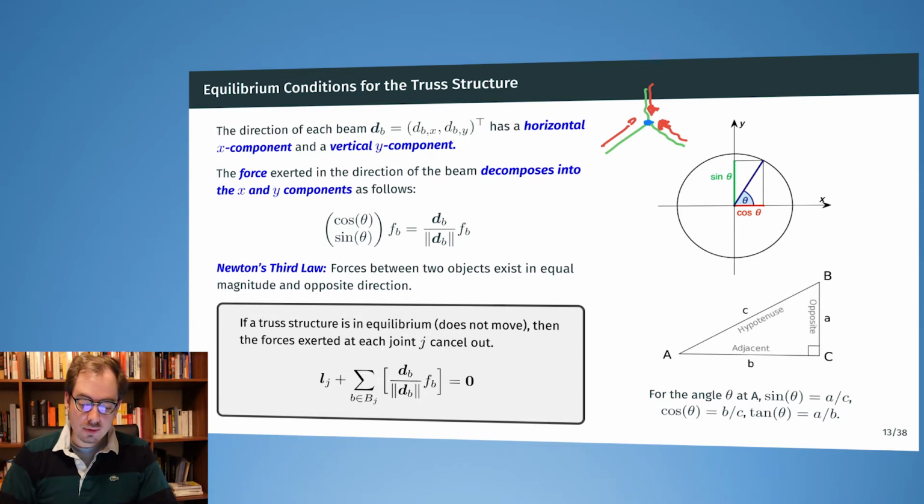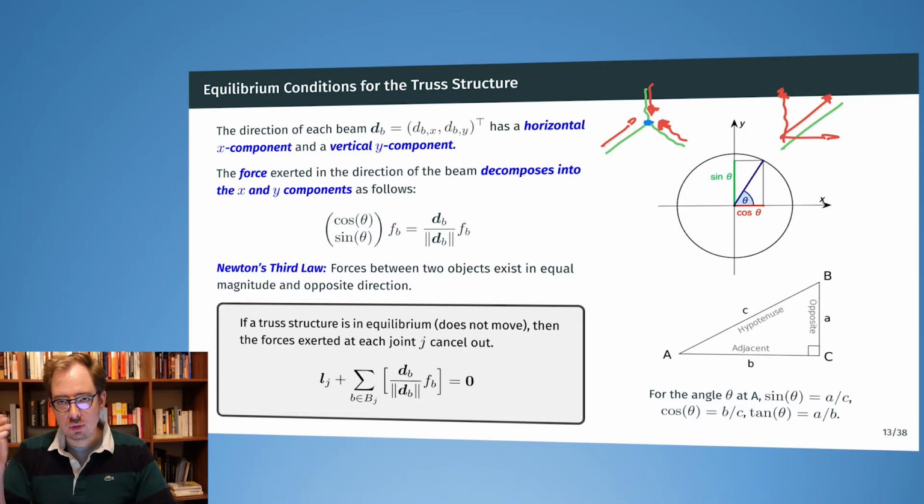Okay, so from the forces going in the direction of a beam, how can we compute its x and y coordinates? Let's say here we have a force going in the direction of the beam, and we want to decompose that into a force in the x direction and another force in the y direction.